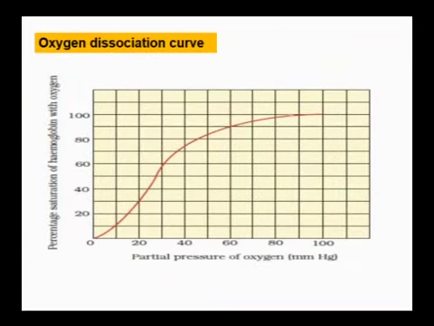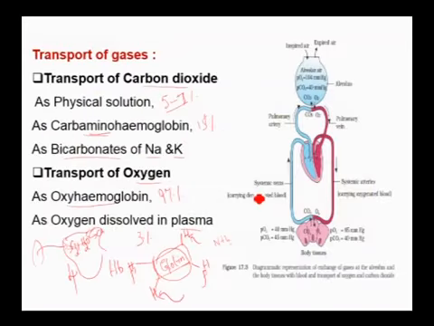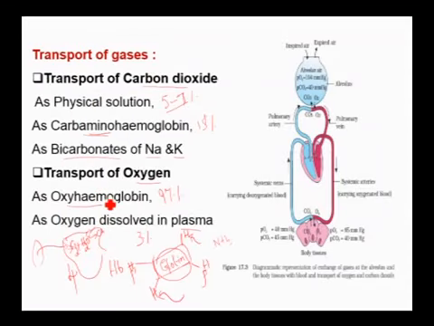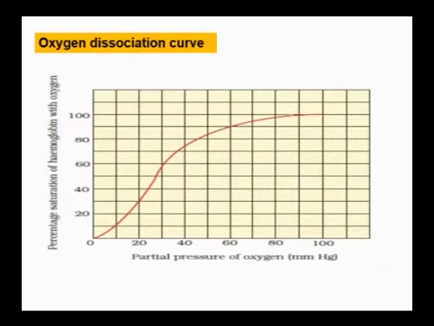Oxygen dissociation curve. All the reactions which were in the forward state now reverse when there is a partial pressure gradient. Oxygen which is being carried in the form of oxyhemoglobin and in a dissolved state dissociates as soon as the partial pressure of oxygen decreases. The affinity of hemoglobin to bind with oxygen is the least.